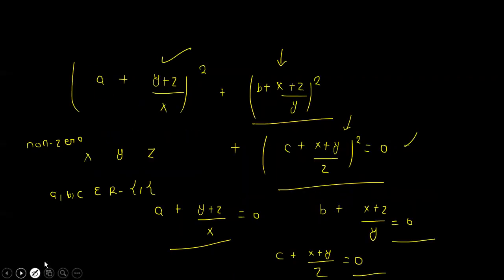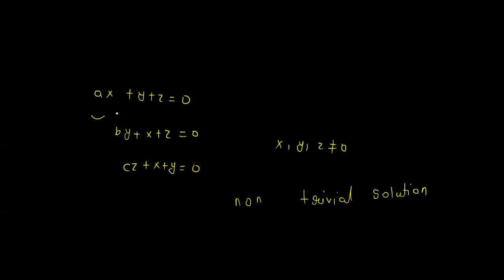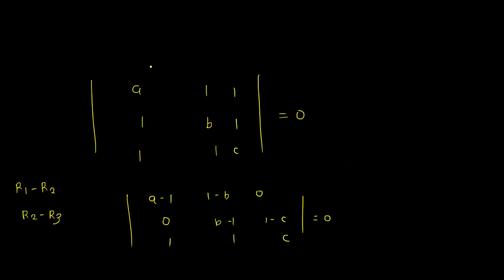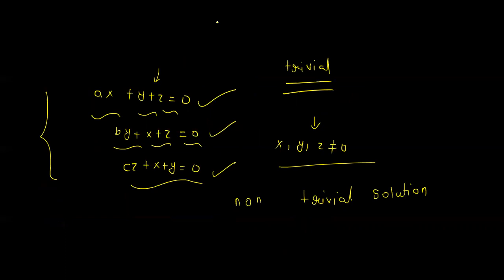So from the first we can say that a times x plus y plus z is equal to 0. From the second we can say that b times y plus x plus z will become 0, and from the third we can say that this thing will become 0, and x, y, z are non-zero real numbers. So to have other than the trivial solution of this equation, this determinant will have to be 0, because x, y, z are non-zero.